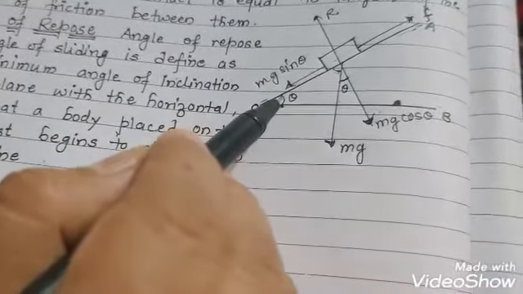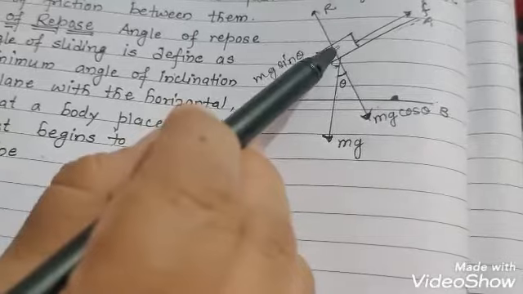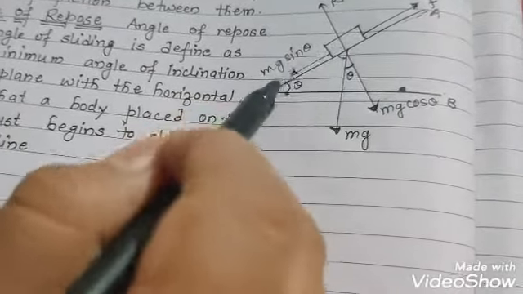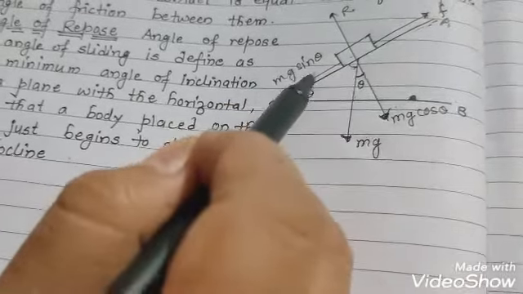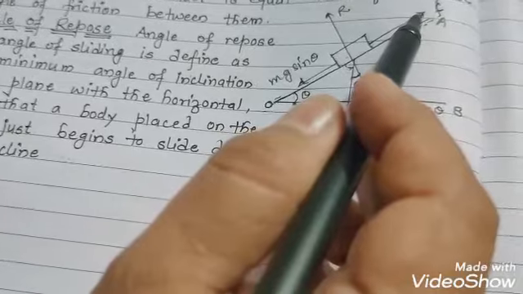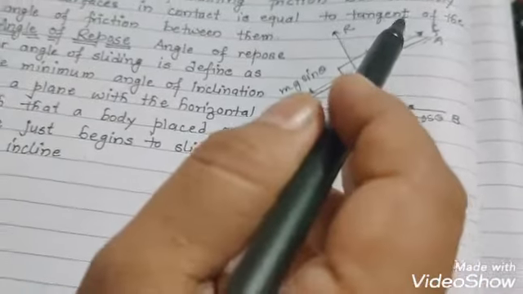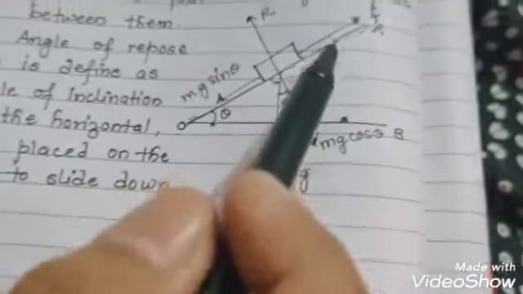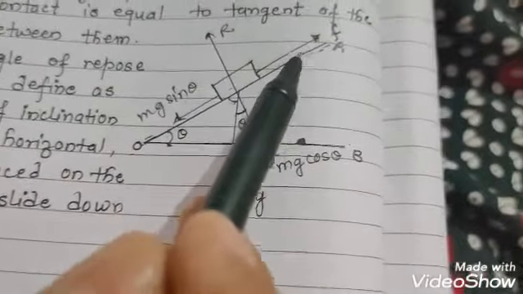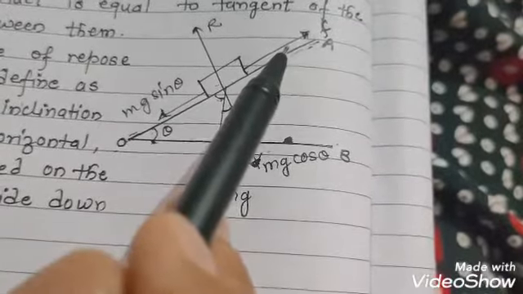Now at this angle theta, the block starts sliding down on this inclined plane. So obviously a force of friction will be working opposite to the direction of motion. Here, in this direction, the force of friction is working.